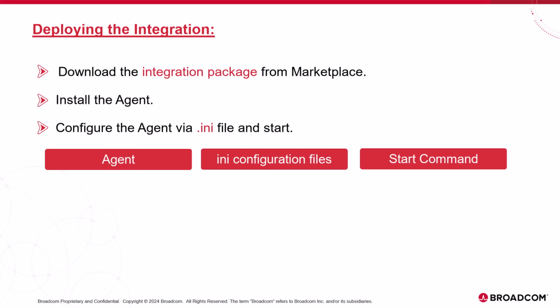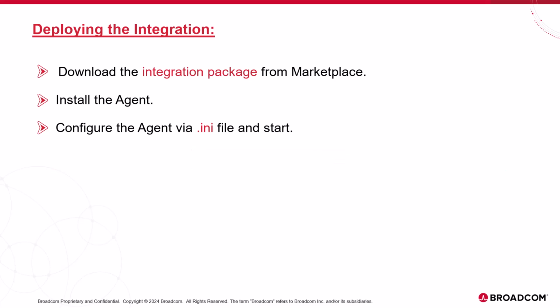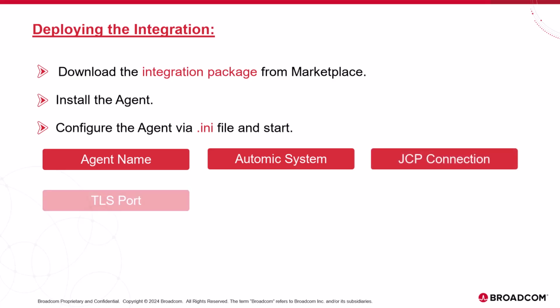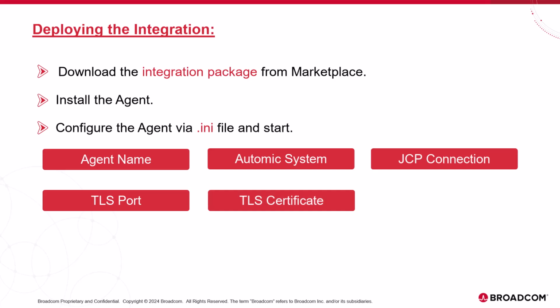We use the appropriate INI file for our specific platform. Azure Data Factory is a standard Automic agent. It requires at least 4 values to be updated: agent name, Automic system, JCP connection and TLS port, and finally TLS certificate. When the agent is configured, we start it.